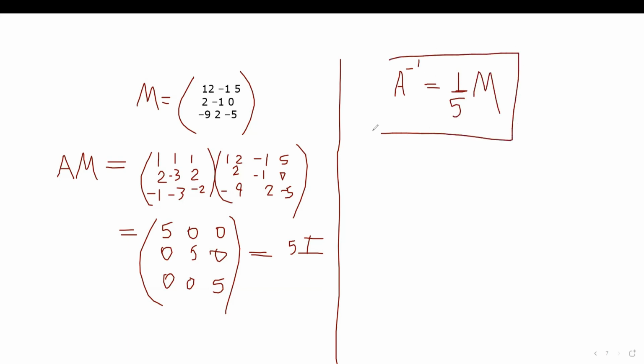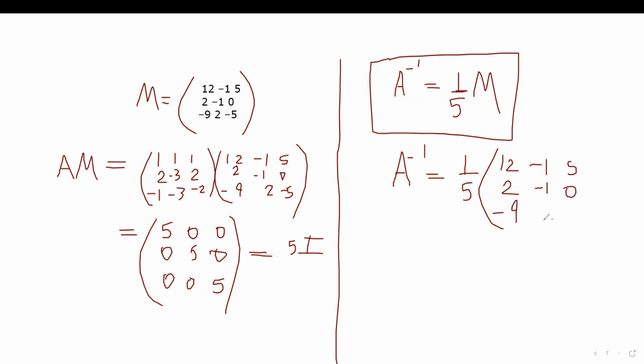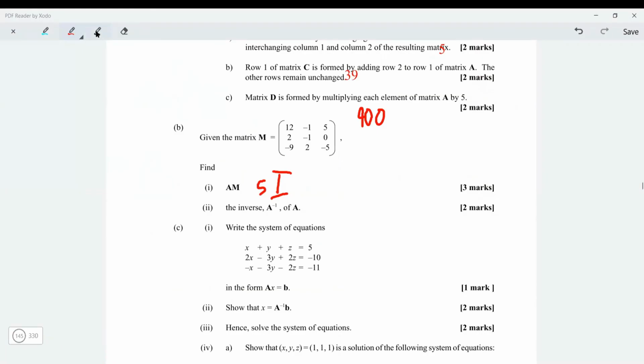So since A inverse is 1 over 5 times the matrix M, we can write that A inverse is going to be equal to 1 over 5 times this matrix right here, 12, minus 1, 5, 2, minus 1, 0, minus 9, 2, minus 5. That's A inverse. All right, so this is A inverse now. It's just 1 over 5 times the matrix M.